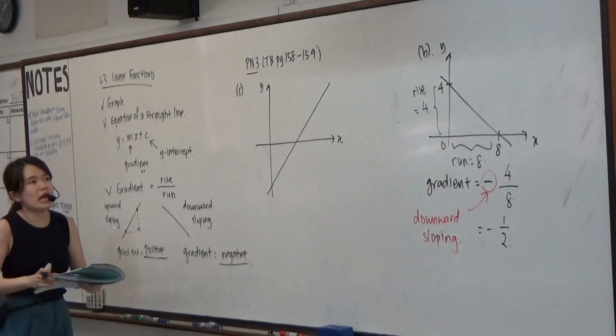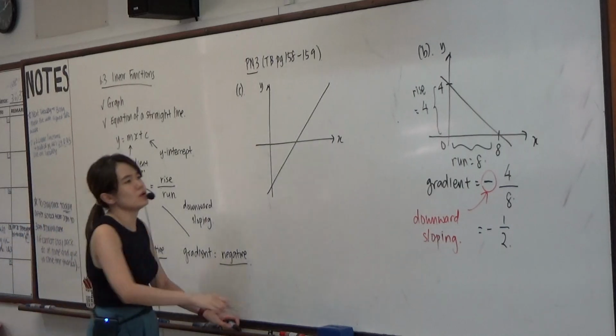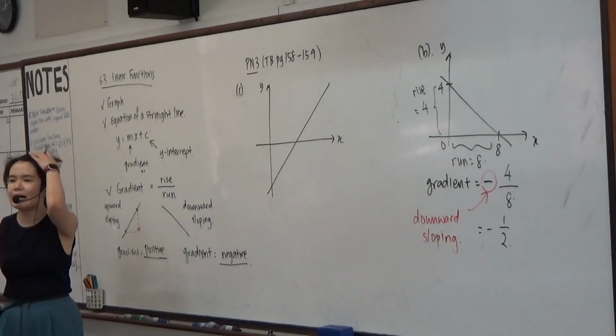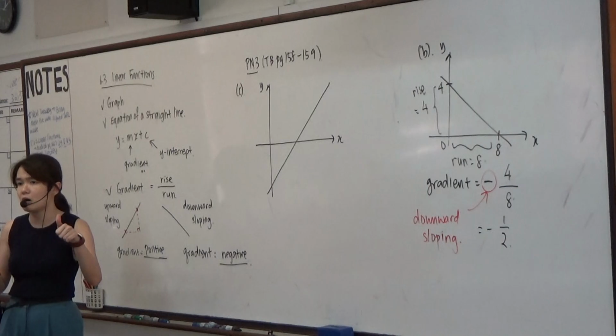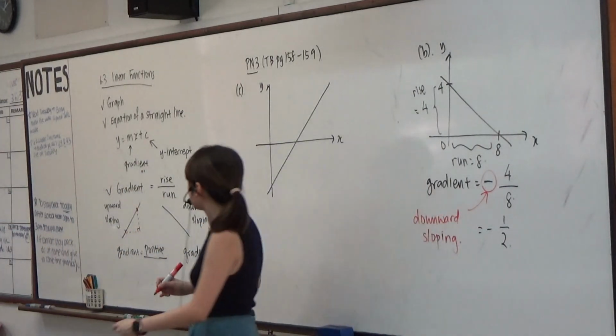Okay? For part C, we have a line like this. Okay? Whenever we find gradient, there are two important questions that we must always be able to answer. First one, is it upwards or downwards? Okay, so that we know is it going to be positive or negative. Right?